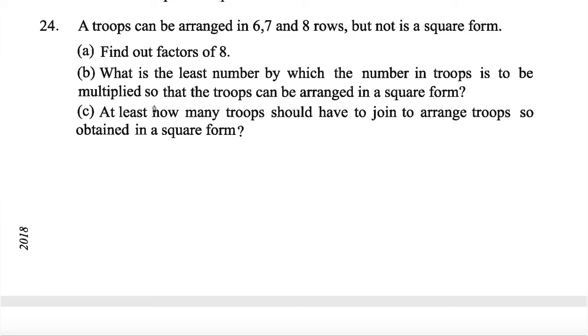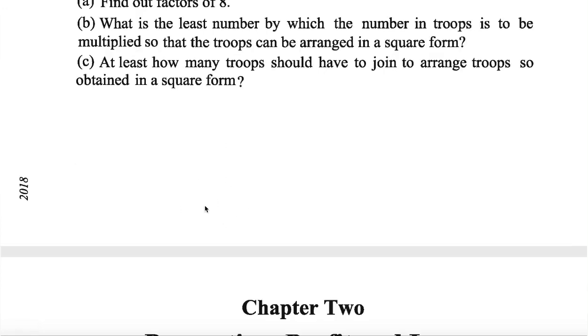At least how many troops should have to join to arrange the troops so obtained in a square form? Troops can be arranged in 6, 7, 8 rows. That means 6 into 7 into 8 may be the number, 336. You can proceed with that number to see the rest of the things.